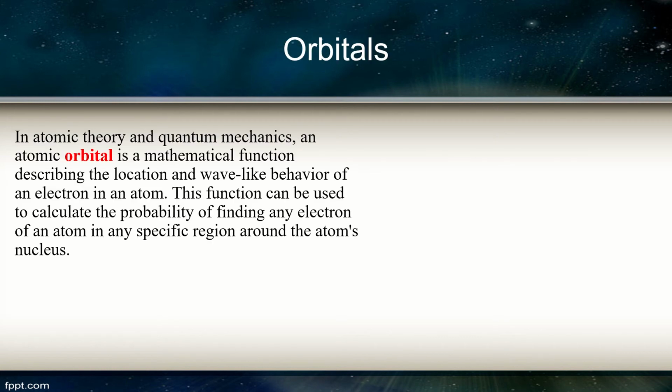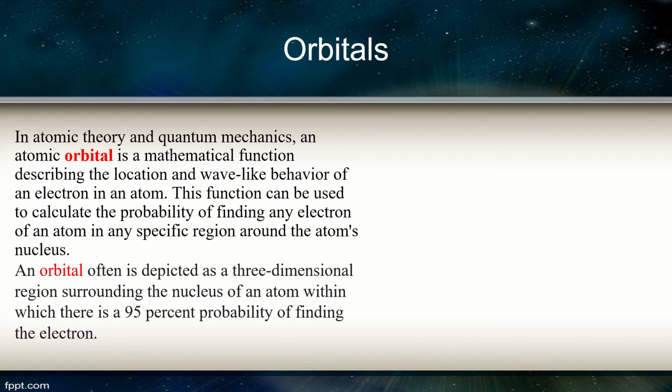Look, in atomic theory and quantum mechanics, an atomic orbital is a mathematical function describing the location and wave-like behavior of an electron in an atom. This function can be used to calculate the probability of finding any electron of an atom in any specific region around the atom's nucleus.